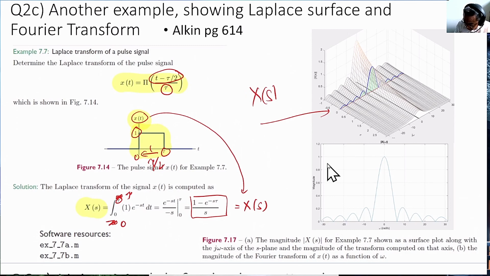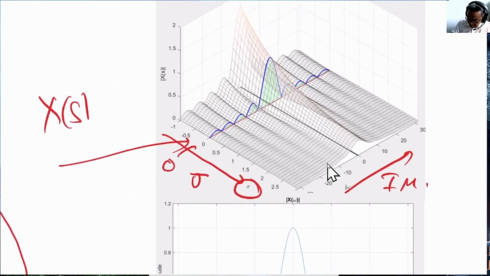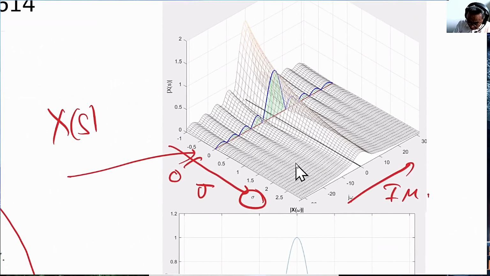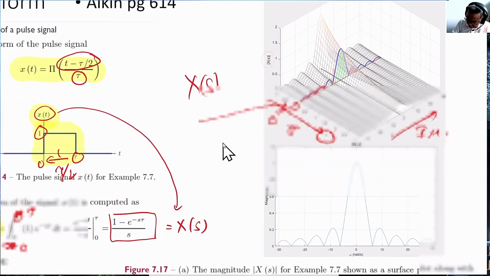Again, where is the real? This is the real sigma, this is 0, and this is the imaginary. So this is the surface of x of s, and we are plotting the absolute value, so the magnitude. Now remember, the interesting thing is when we are interested in sigma equals 0. So we draw the blue line over here. Now I color it red, and we extract this red part, and this is very similar to the sinc function.